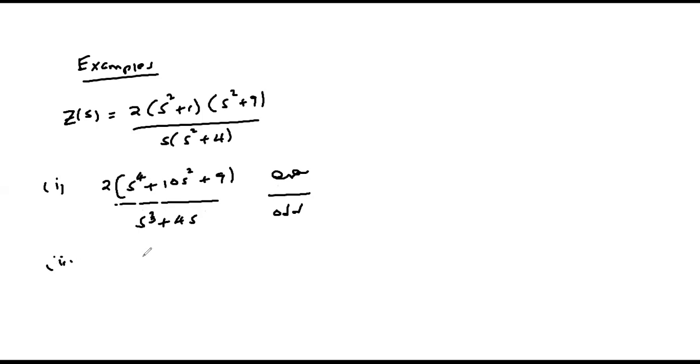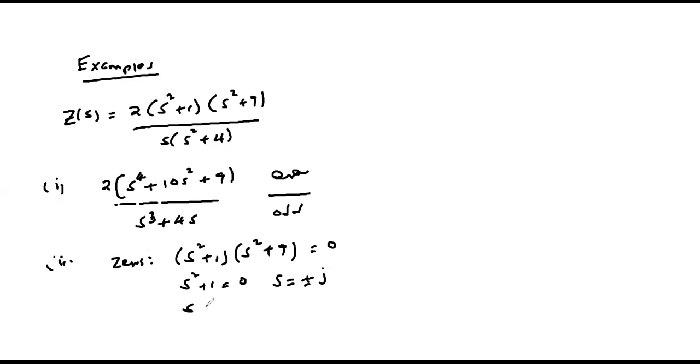Property number 2 is that the poles and zeros must lie on the imaginary axis interlacing. If we solve for the zeros, S squared plus 1 into S squared plus 9 equals 0. We get S squared plus 1 is 0, which gives S equal to plus or minus j.